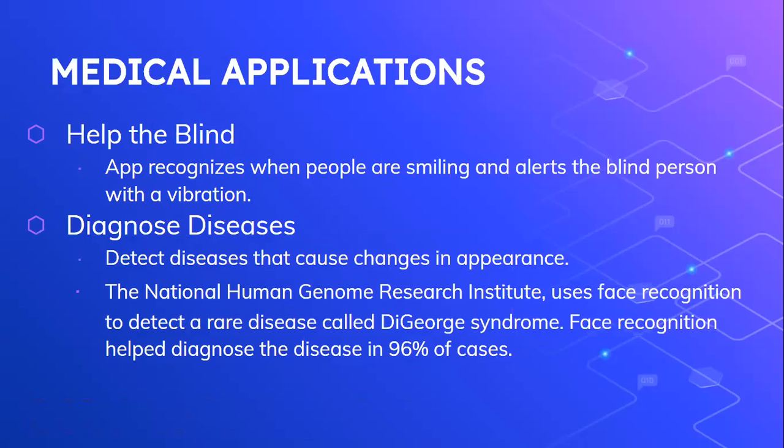For example, the National Human Genome Research Institute uses facial recognition technology to detect DiGeorge syndrome, which involves changes to the face that can easily be detected through such technology. And with such technology, it helped diagnose around 96% of all such cases.